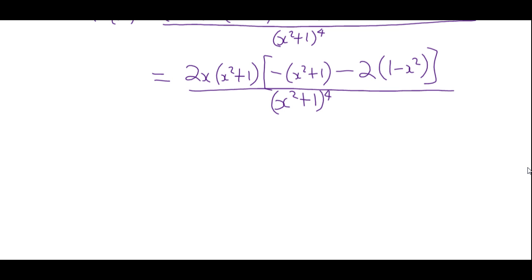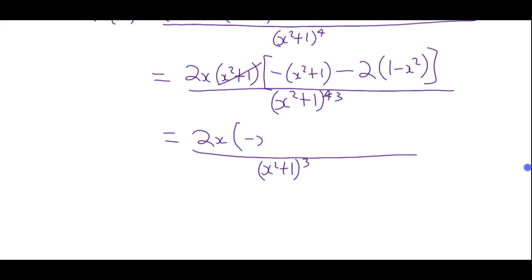So something in here has got to simplify, right? So let's do that. So 2x, as a matter of fact, let's take this out, make that a cube, right? Those guys are the same, so this can go into this, and we'll get a cube on the bottom there. So (x squared plus 1) cubed, and what have we got here? So we've got negative x squared minus 1 minus 2 plus 2x squared.